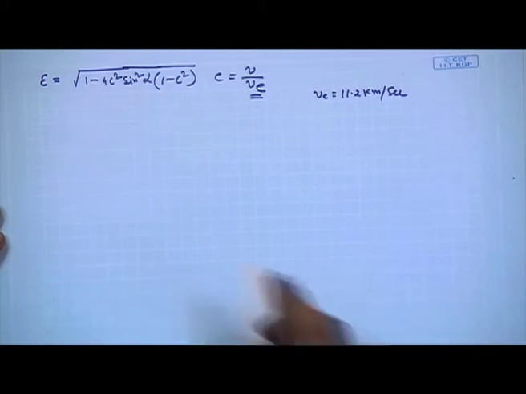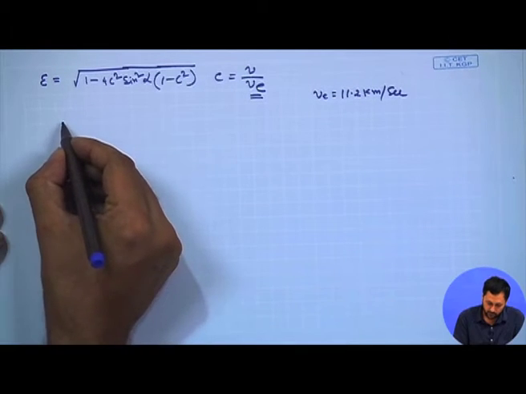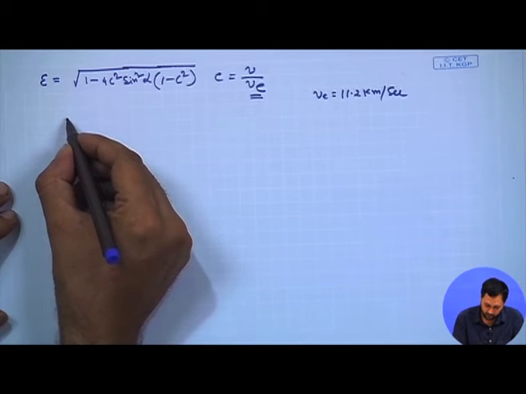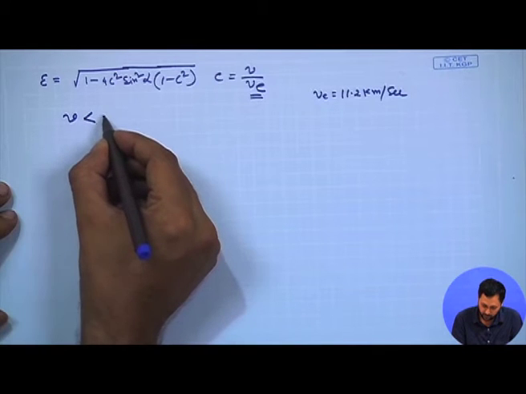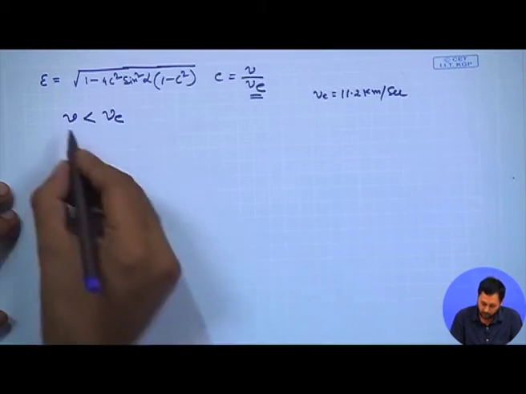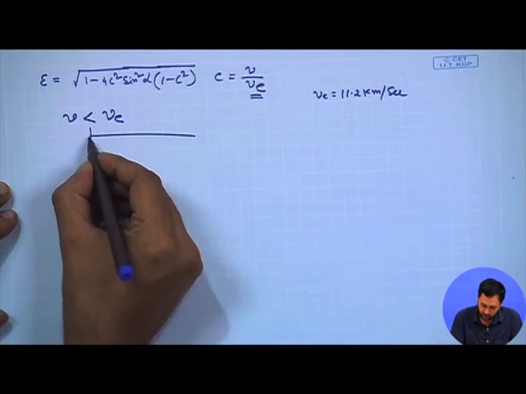And also we have found out the condition for an elliptical orbit. We have seen that if the velocity v is less than ve, then we have an elliptical orbit. Now, inside that also there are two regimes.